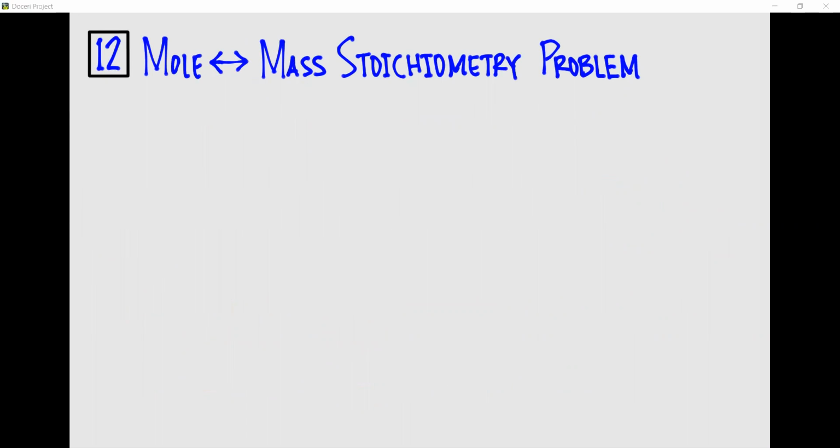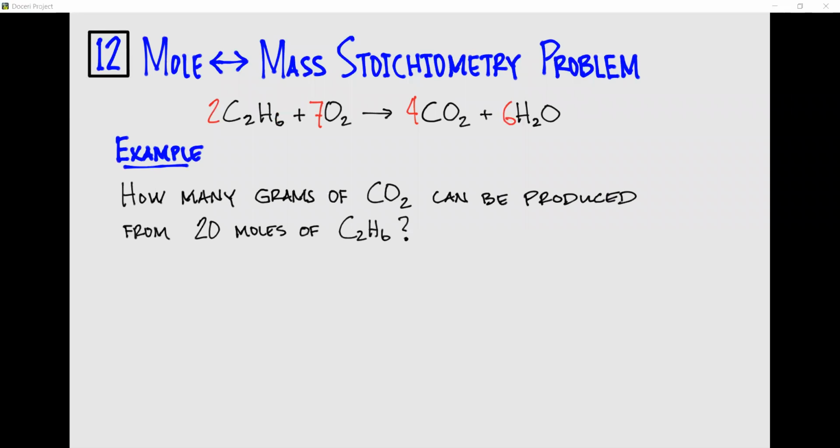And here's concept number 12. So now we're looking at a mole to mass type of stoichiometry problem or mass to mole stoichiometry problem. So we're going to look at the same exact chemical reaction equation here, the combustion of ethane gas. Here's an example.